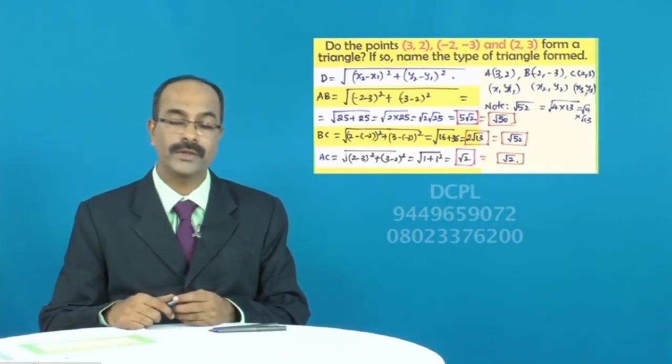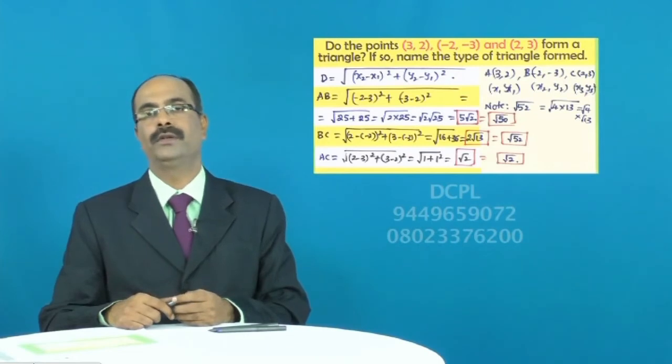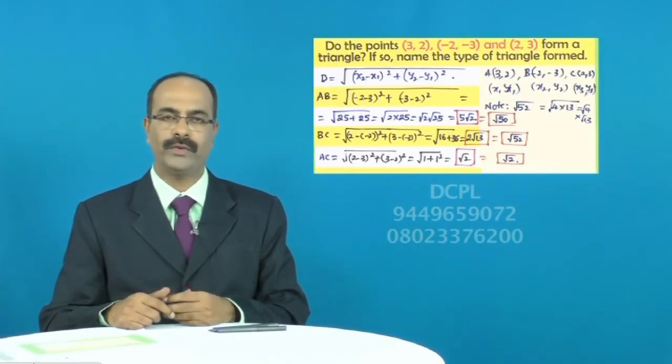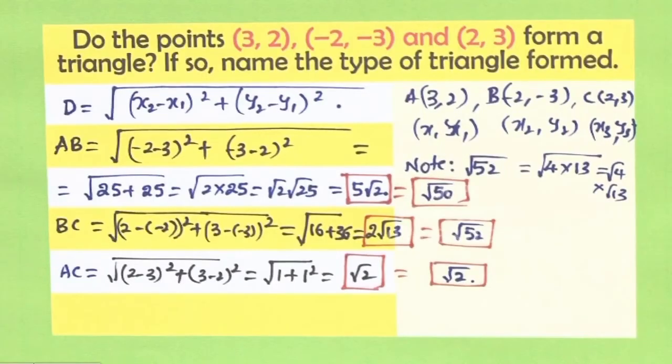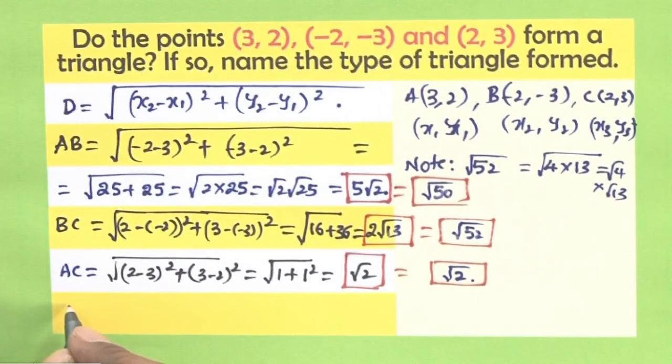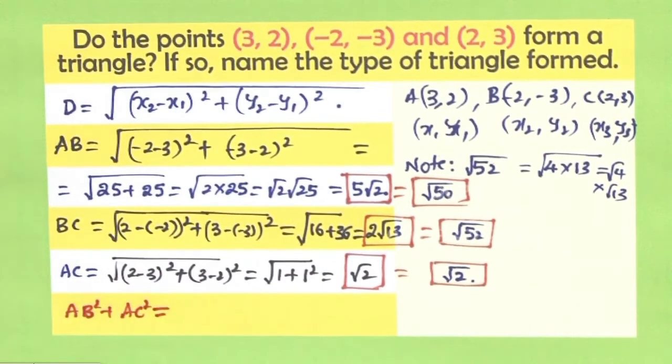So that means to say what? The squares of the two smaller sides add up to the square of the larger side, meaning the triangle must be a right angle triangle.